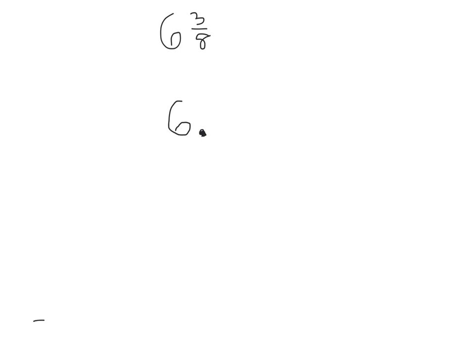So now I'm going to convert my 3/8 to a decimal. And in order to do that, I need to divide. So I'm going to draw my little division box right here. And this can be tricky, deciding what goes on the inside of my division box and what goes on the outside.